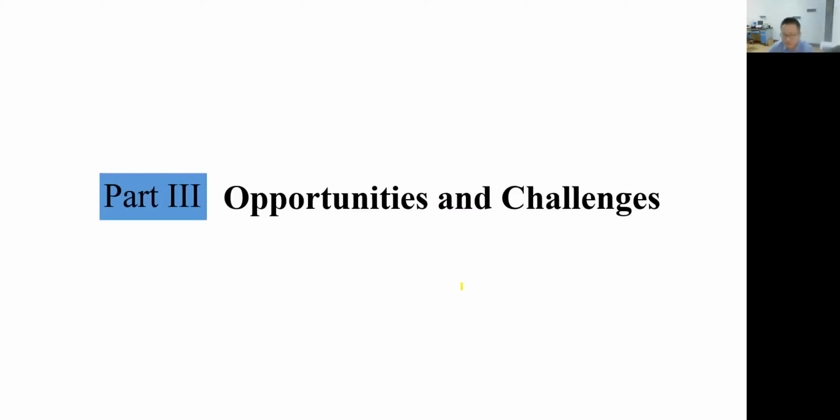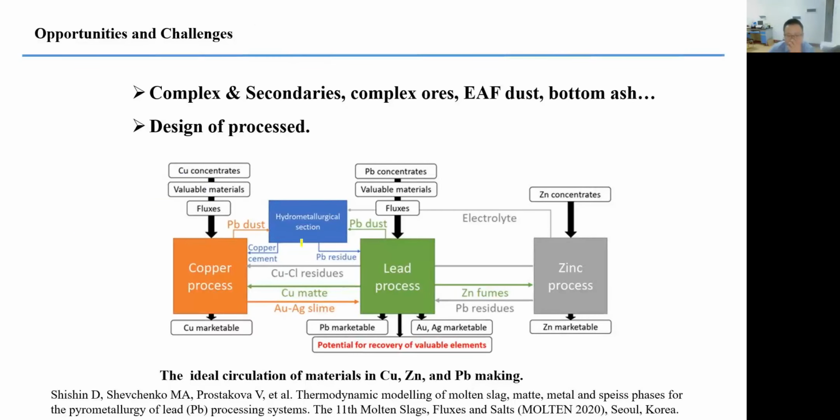I would like to finalize this with part 3, opportunities and challenges in my mind about zinc production. I have read some papers published in 2020 by Danny Simpson and some researchers from Queensland University, explaining the process of copper, lead, and zinc.